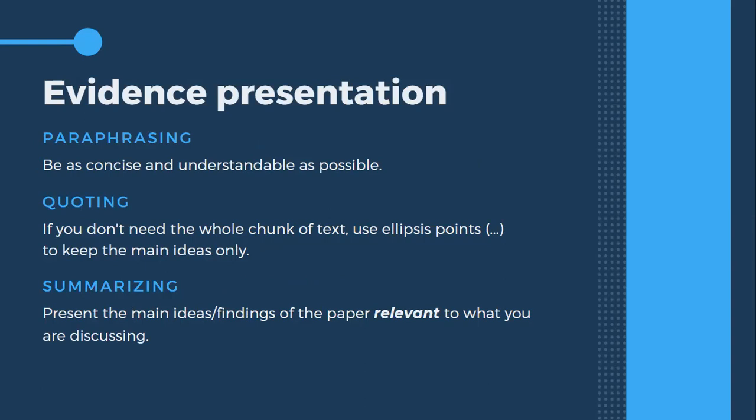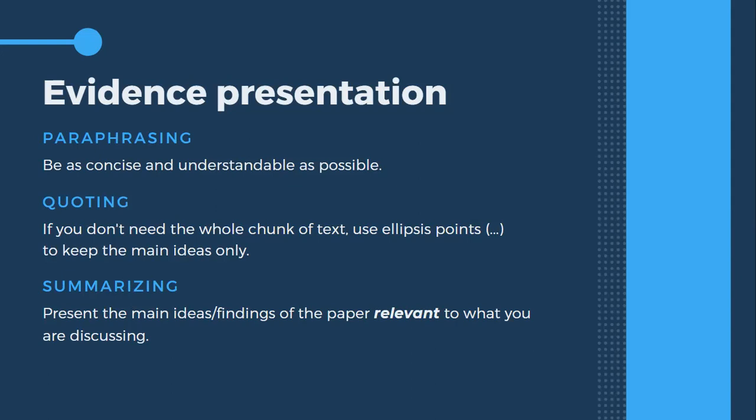The purpose of presenting evidence is to provide support for our claims, for our arguments, and to make the readers understand our reasoning better. So if, through our paraphrasing, we make our evidence seem even more complex and harder to understand, then it defeats the purpose of trying to support our claims, right?